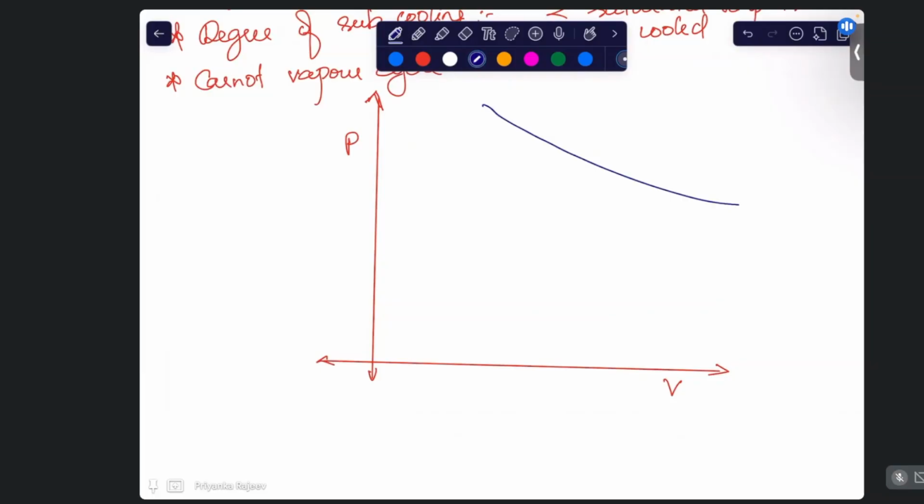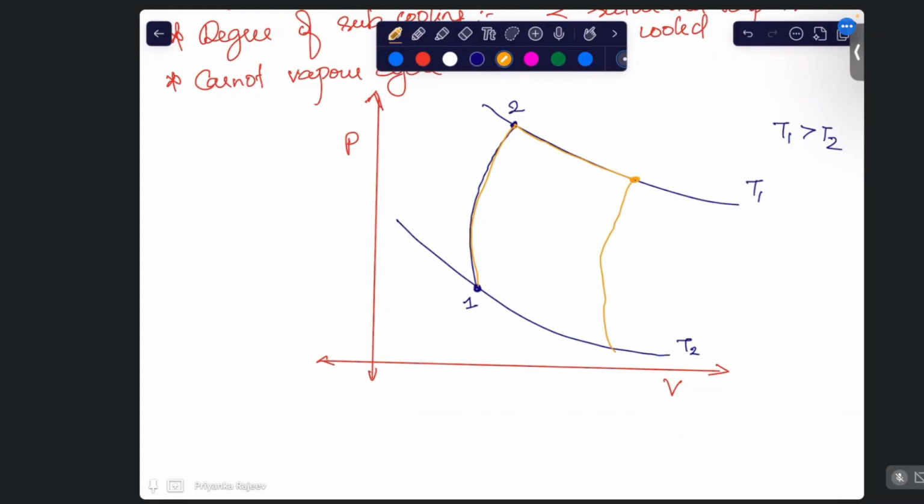If I take these two isotherms, one at T1 and one at T2, T1 greater than T2, then process 1 will be somewhere here, then process 2, then process 3 will be along this isotherm, and process 4 will be like this, and it will go back to process 1. And this is 3, this is 4.